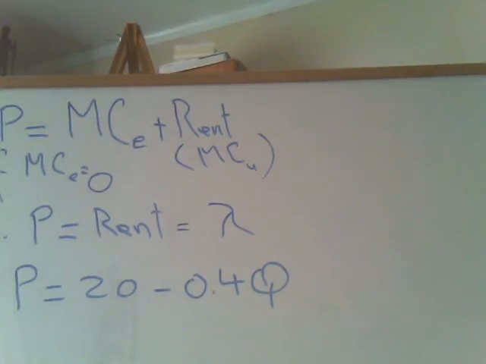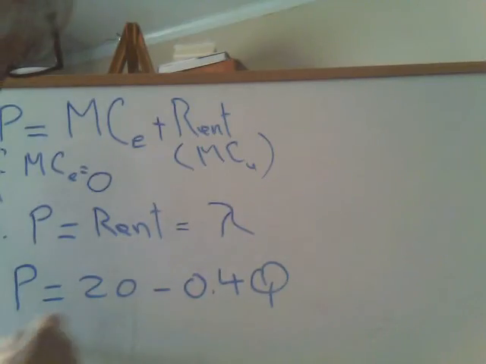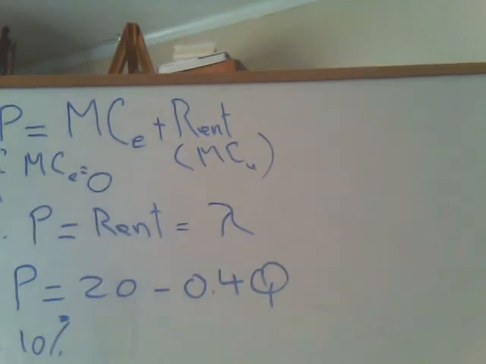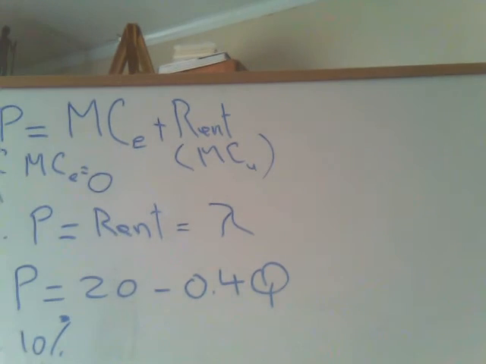And we're going to have to make an assumption about the interest rate. So let's assume that the interest rate, or the discount rate that we're going to use, is 10%. And let us assume that our marginal cost of extraction is 0. So what is it that we're really going to be looking for right now?